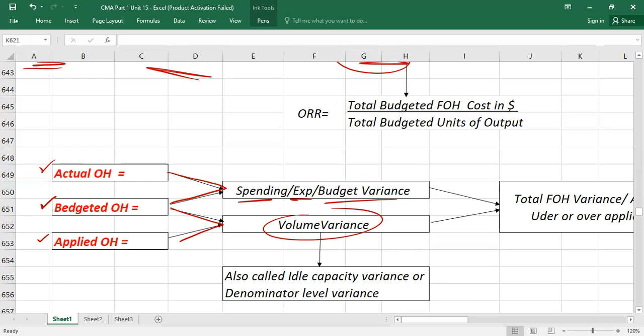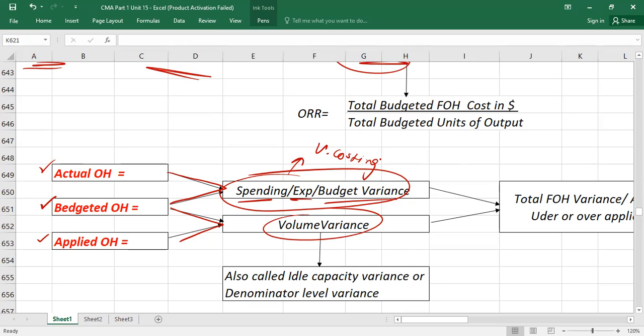If the company is using variable costing, only one variance will be calculated. That is going to be what? Spending variance. If the company is using which costing? Variable costing. Variable costing is also called marginal costing. If they are using marginal costing or variable costing and he's asking you to calculate fixed overhead variance, you will calculate only one variance, which is spending.